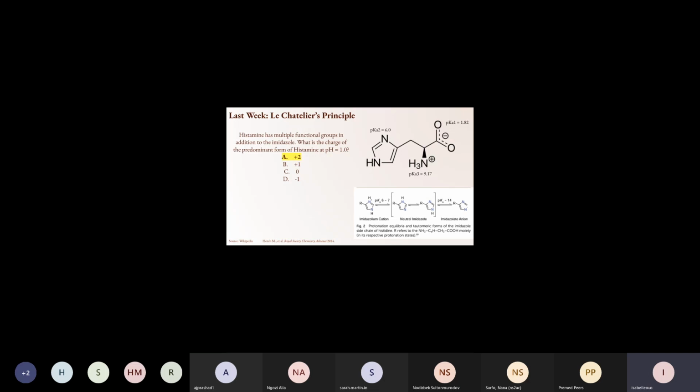When the pH is larger than the pKa, the proton concentration is less than equilibrium, therefore deprotonation takes place. Whereas when pH is lower, it means the proton concentration is more than the equilibrium, then you protonate that species.